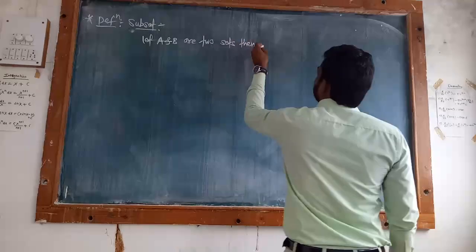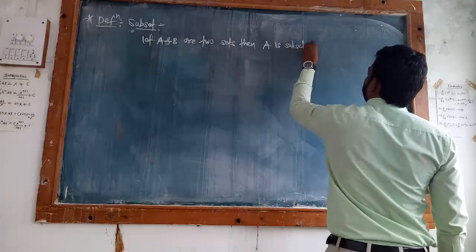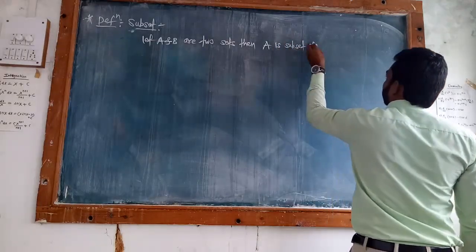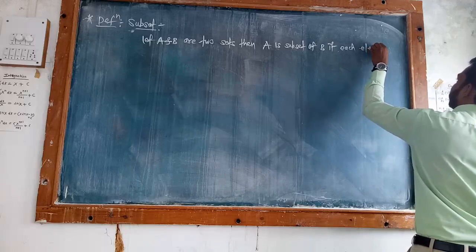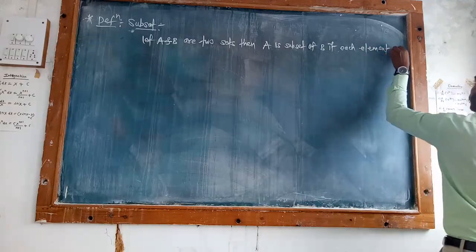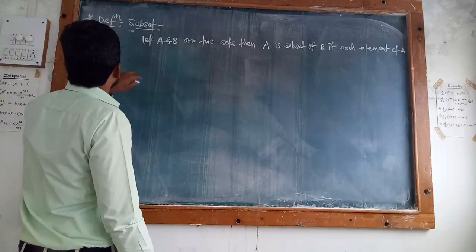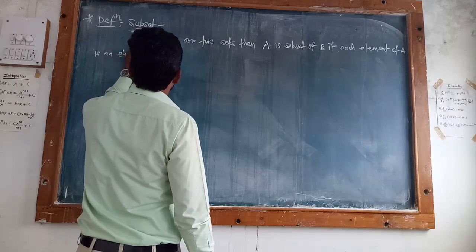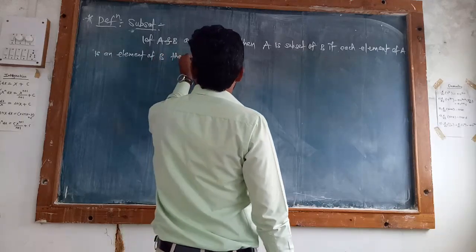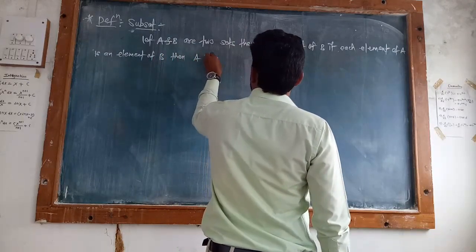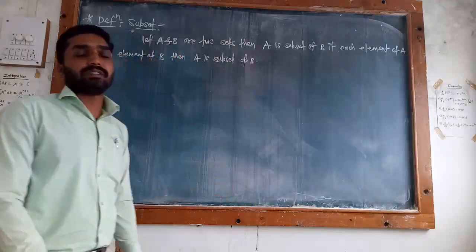Then A is a subset of B if each element of A is an element of B. What do you mean by subset?